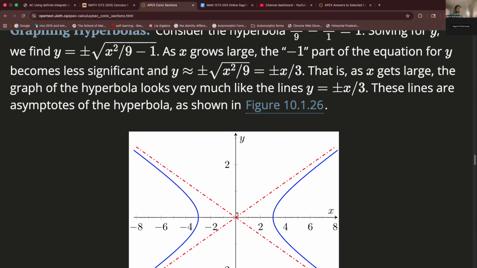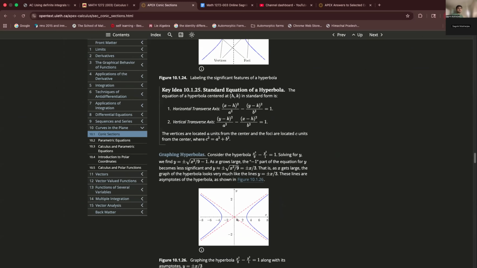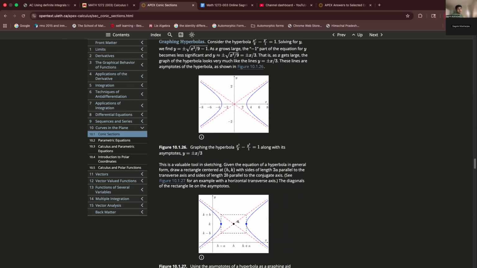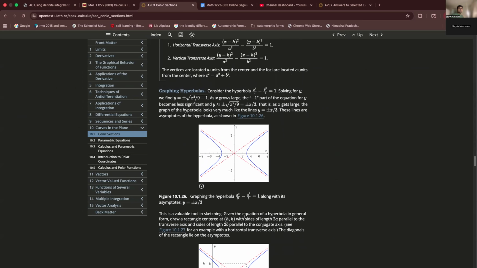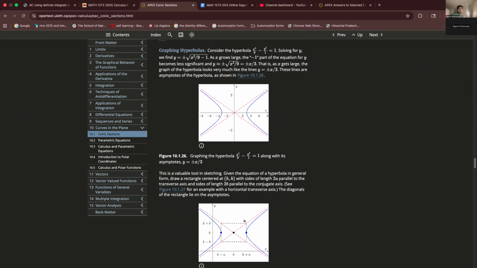So if you try to draw a tangent line at the vertex of this hyperbola, it will cut these asymptotic lines at these two points, and the length of this line is actually 2b.